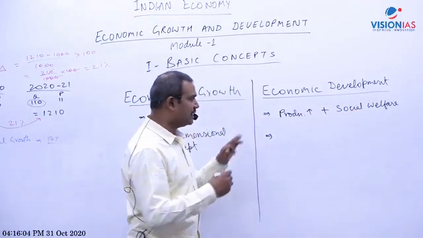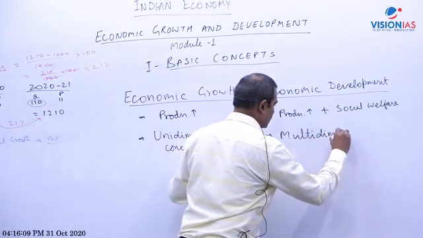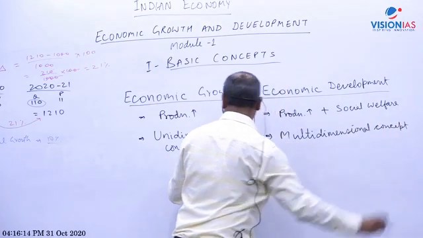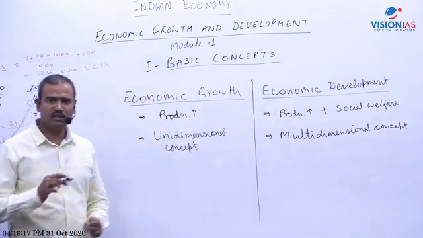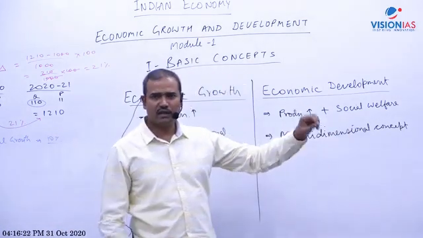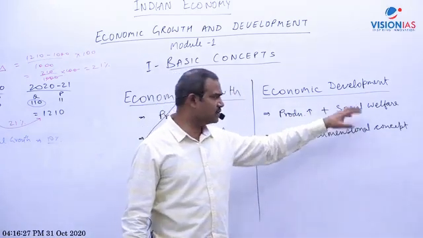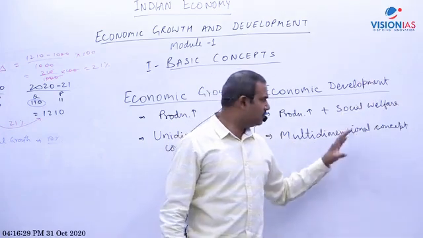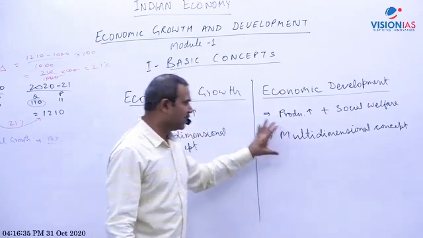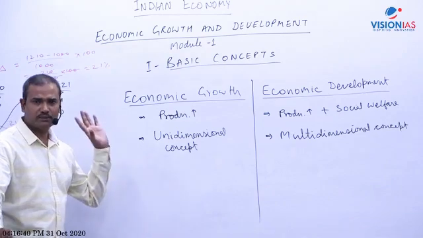So it is actually a multidimensional concept. And what are the dimensions here? One dimension is production, another is health, another is education, environment, political liberty. Psychological well-being, cultural factors. Well-being depends on all of these factors: social, cultural, psychological. Clear? So this is a multidimensional concept, and this is a unidimensional concept. Only one dimension, that is production.